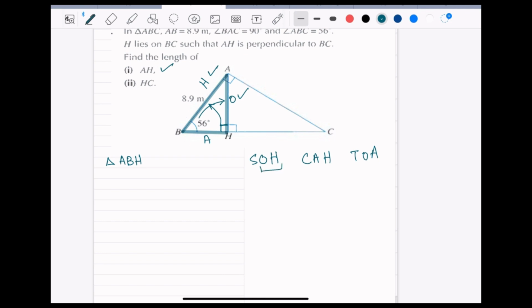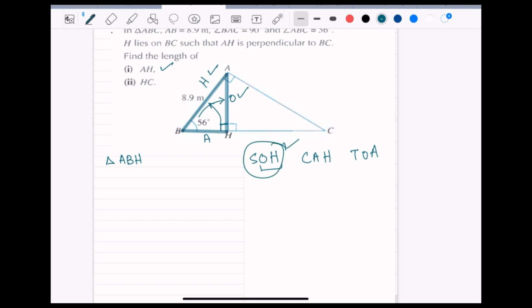O I have to find out and H is already given. So this is the best way I can find out, because neither of the other ratios will cater to my solution. So I'll write sine of 56 is opposite, which is AH. In this case, you can also write opposite or X or anything, over hypotenuse, which is 8.9.